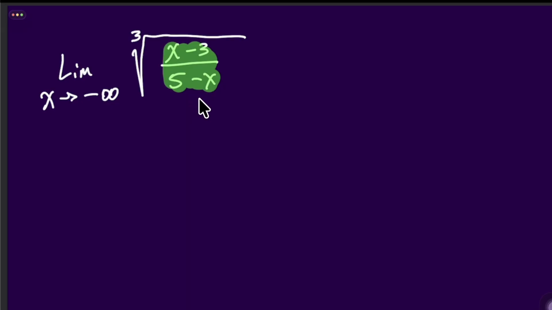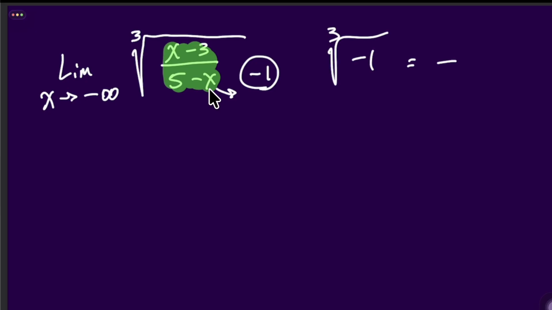Here, this is a rational function, and the degrees are the same on top and bottom. So therefore, the horizontal asymptote, the end behavior, is going to head towards negative 1. So basically, we have the cube root of negative 1, which is just going to be negative 1, and that indeed is the answer to this limit.